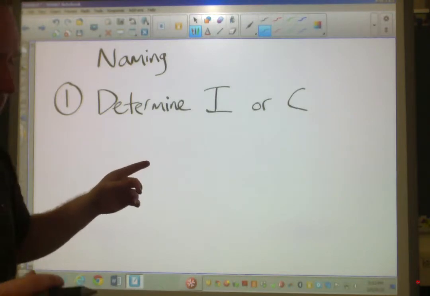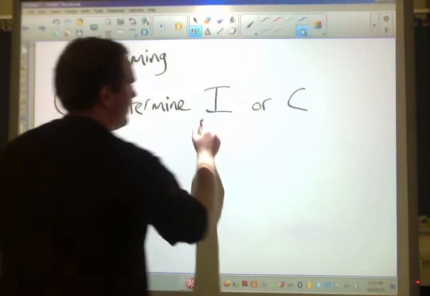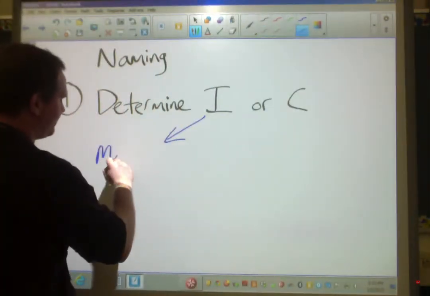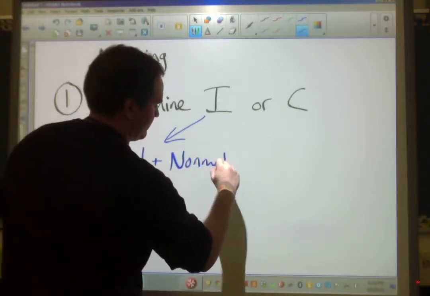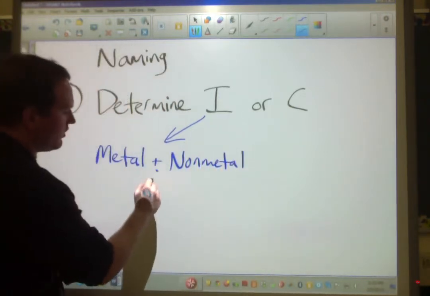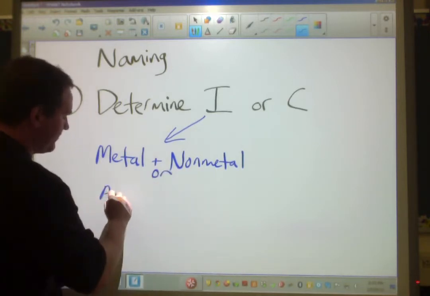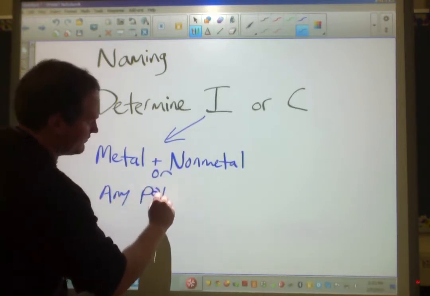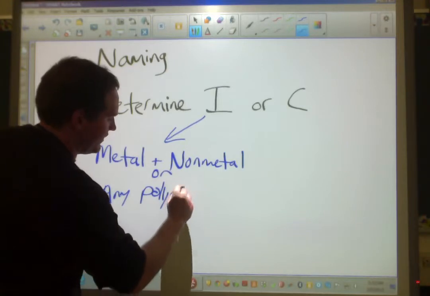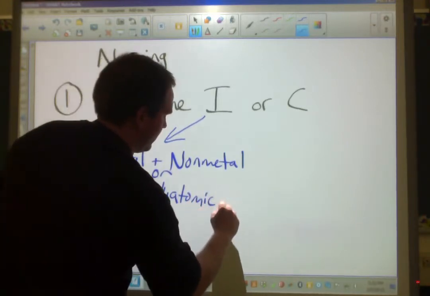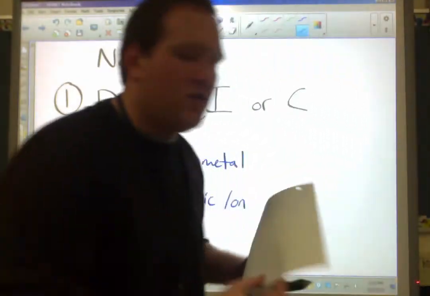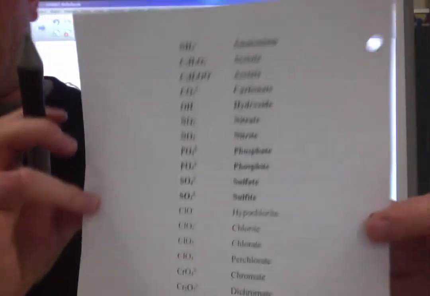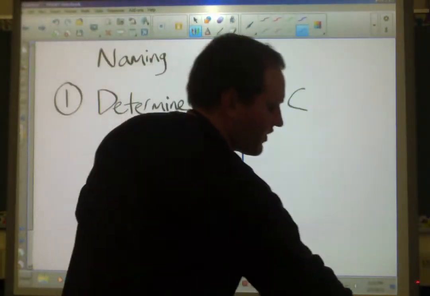Well, ionic is always going to be made of a metal plus a nonmetal, or if you see any polyatomic ion, you know that you're dealing with an ionic compound. So if you see any of these, that tells you right away you're dealing with an ionic compound.